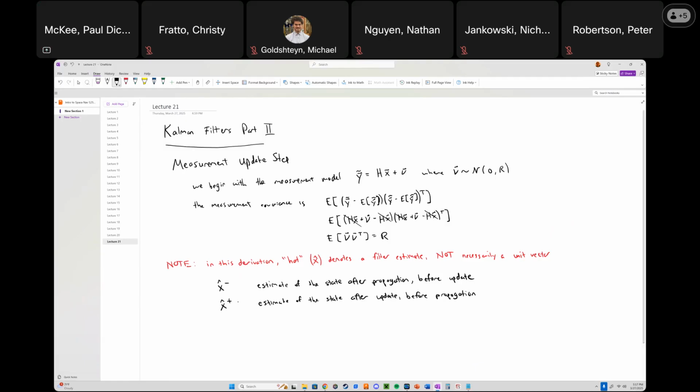So this is after we do our update. So today's entire lecture is how to turn x hat minus into x hat plus and P minus into P plus. That is the update step. But then your x hat plus and your P plus still need to be propagated forward. So then we go back to the last lecture: propagate, update, propagate, update.